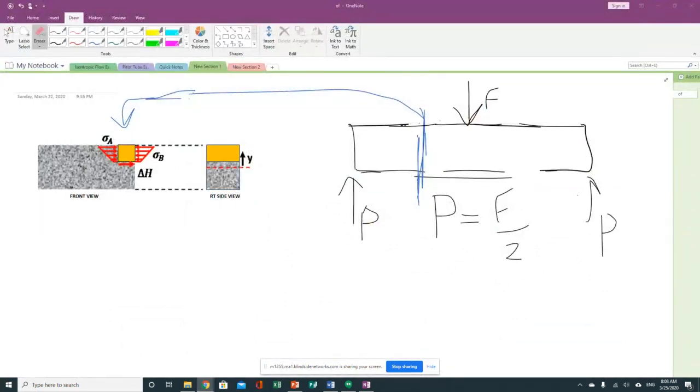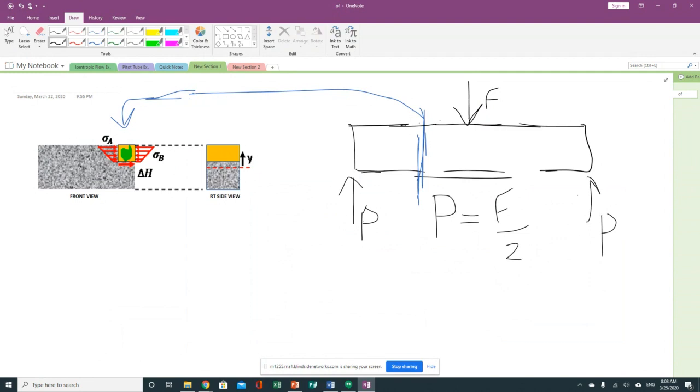If I pick a stress cube up here, and I look at the forces acting on that stress cube, I'm obviously going to have some bending stress, right?